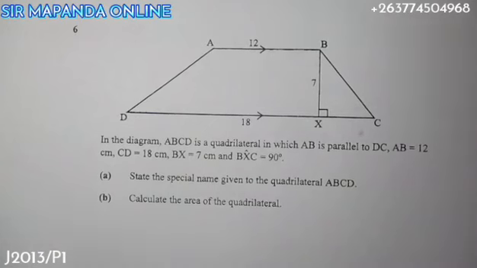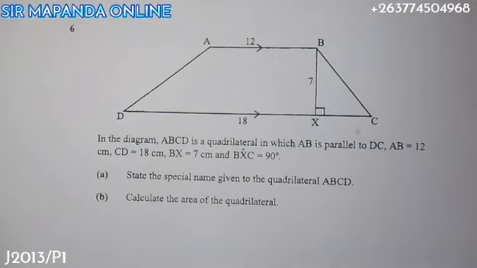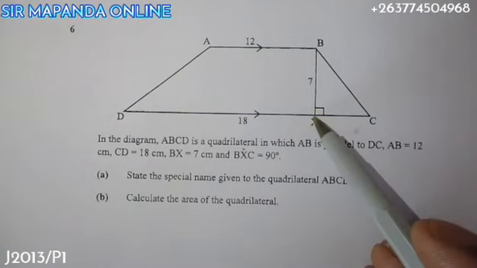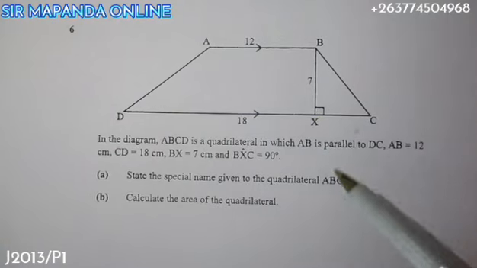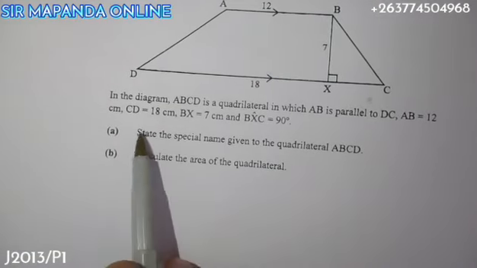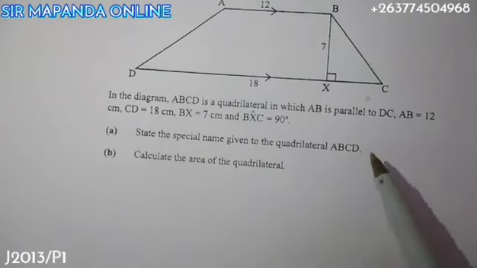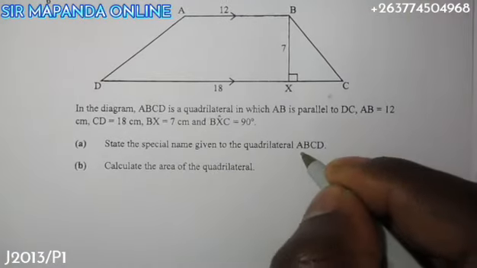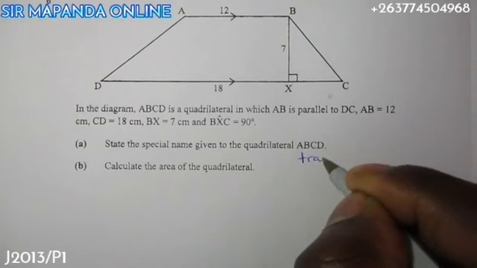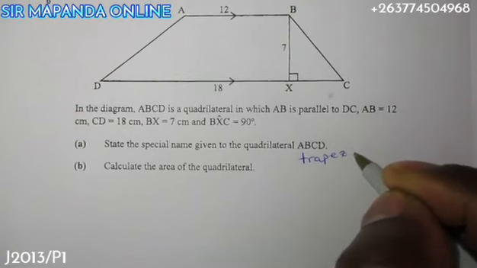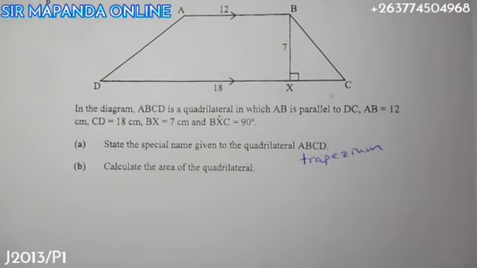Right, so question number 6, we are given a trapezium, which is A, B, C, D, and we have x from B to x, right? So what is the first question? State the special name given to the quadrilateral A, B, C, D. So the special name is trapezium. So trapezium is your answer, right?